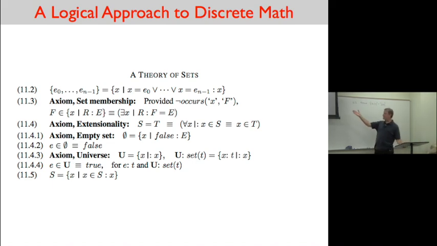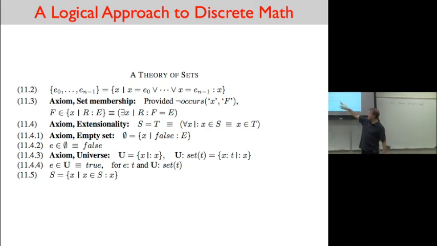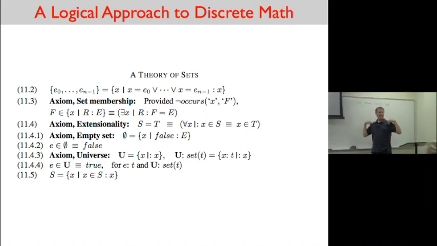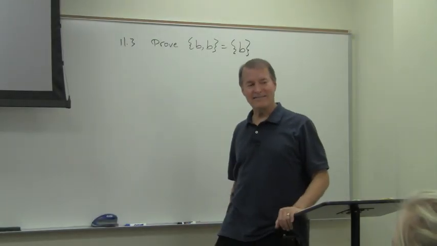You could almost do this in your head. Look, what is enumeration? What is the set BB? It's the set of all x such that da da da, and then x equals.